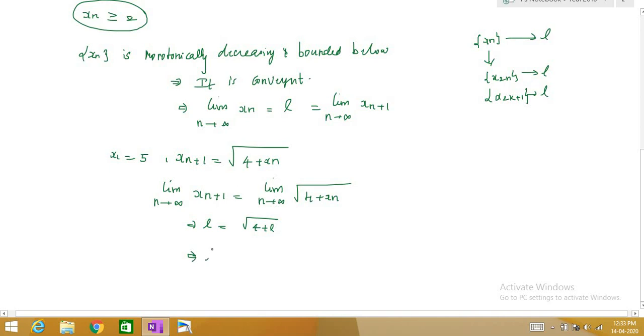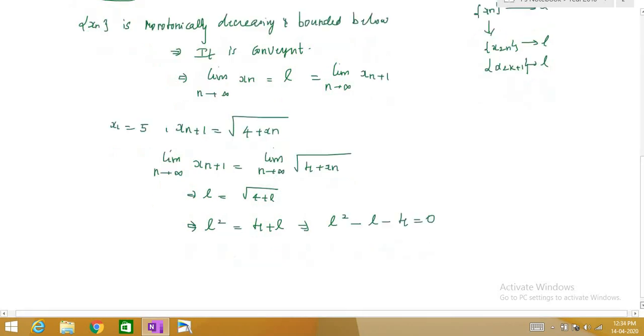So if I square both sides, we will have L square is equal to 4 plus L. So if I simplify this, I will have L square minus L minus 4 is equal to 0, which is nothing but a quadratic equation.